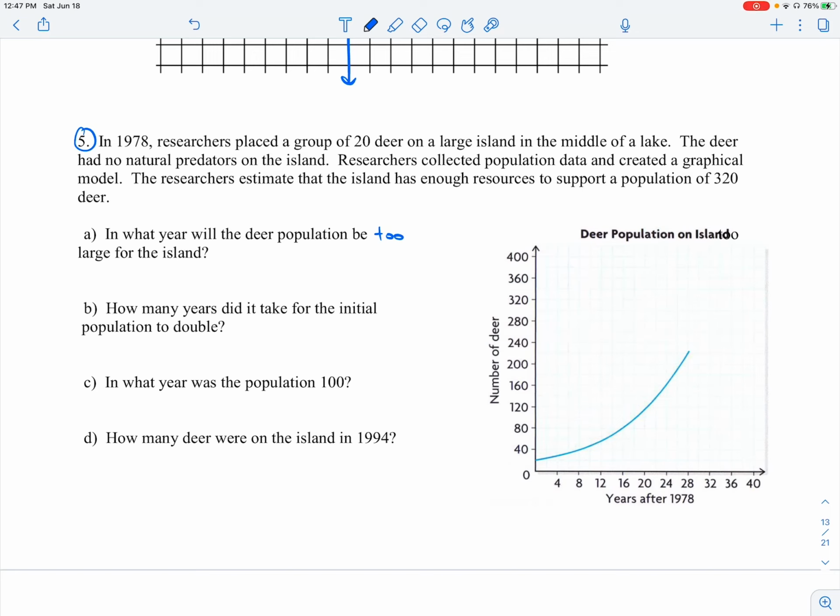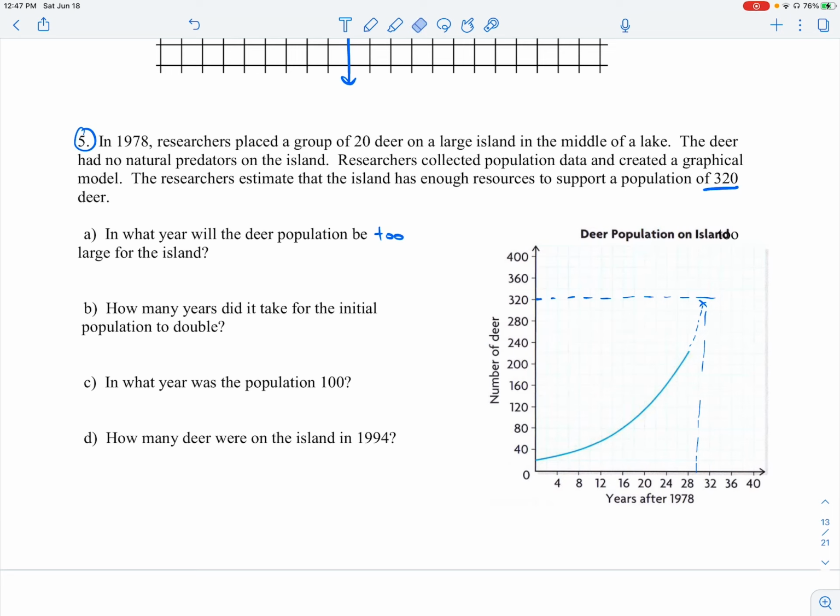Okay, so for it to be too large, it needs to be a population of 320. So we need to figure out when this is going to happen. We want to read the graph. It's probably going to be somewhere around 28 or 29.